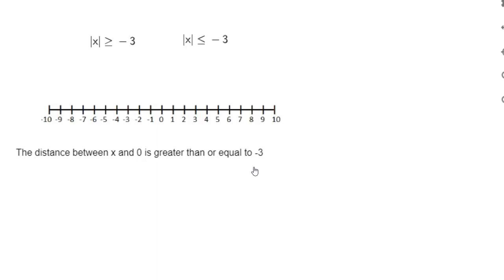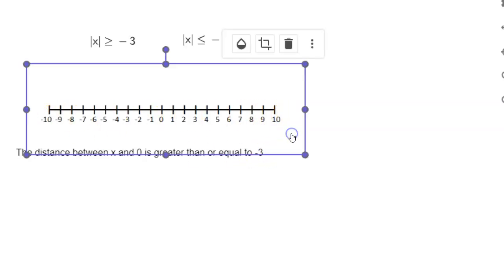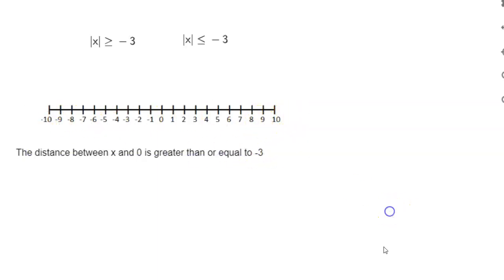So if you logic that out, even though you can't have a negative number with distance, since distance is always positive, all numbers would be greater than or equal to negative 3. So in this case, all real numbers that you would plug in here would be true. So all the numbers along this axis would work. Everything from left to right.